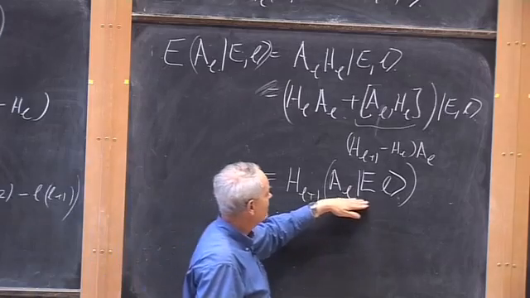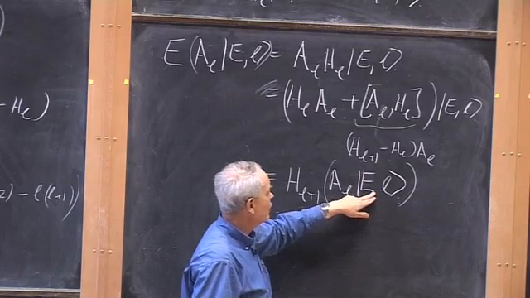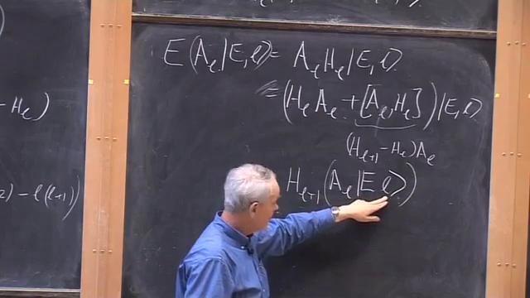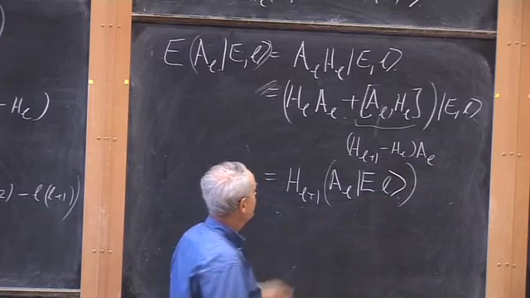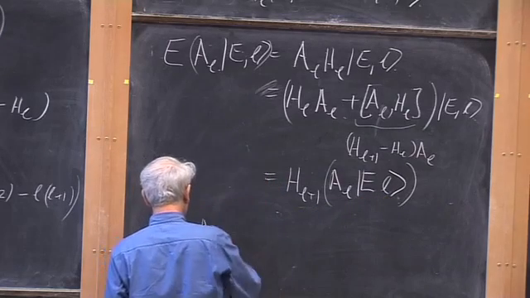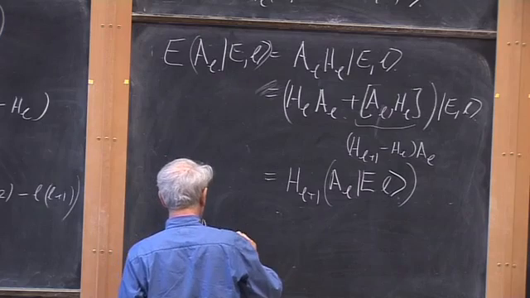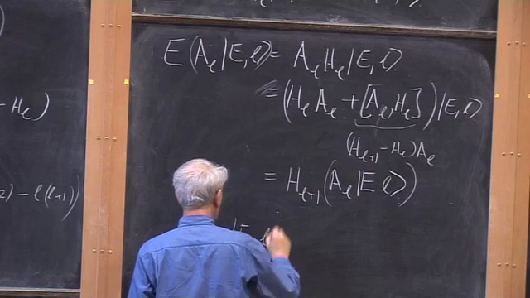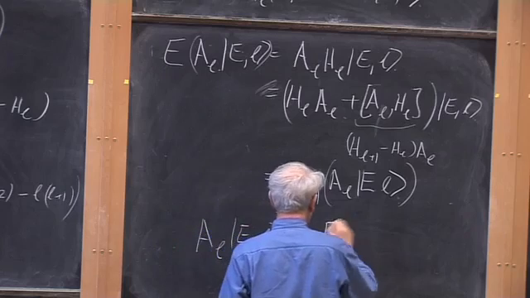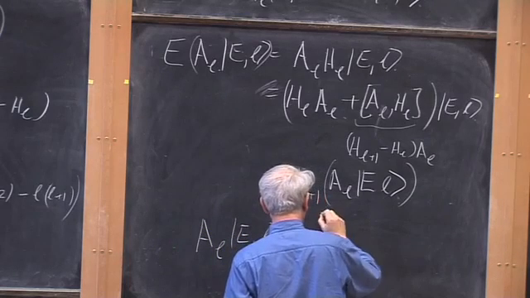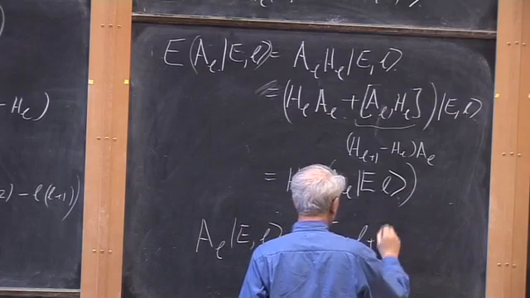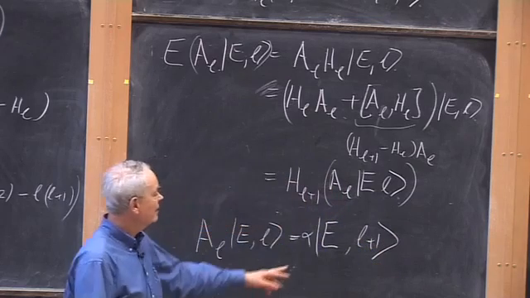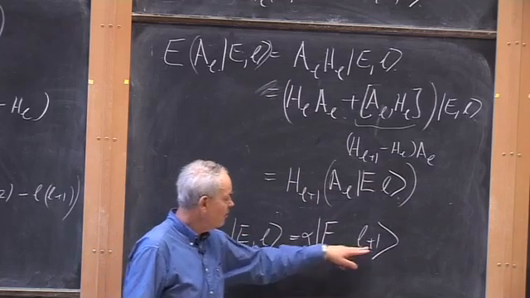We have generated ourselves, from a state which had energy E and angular momentum quantum number L, a state which can only be characterized as E, L plus 1. We've made ourselves a state of the same energy, but more angular momentum.